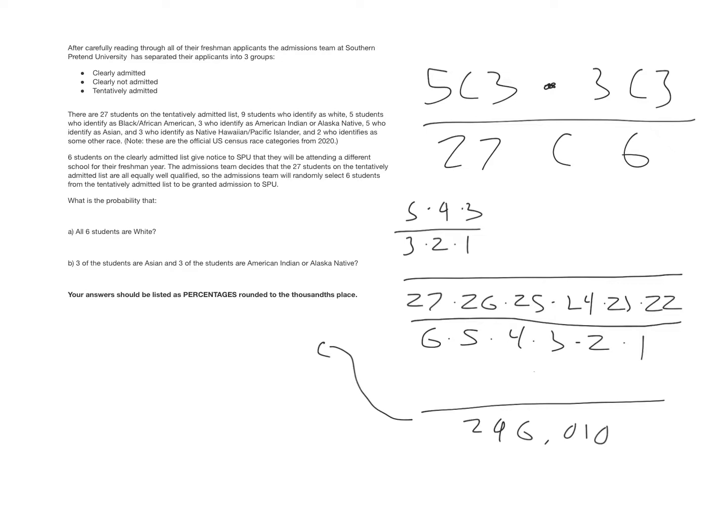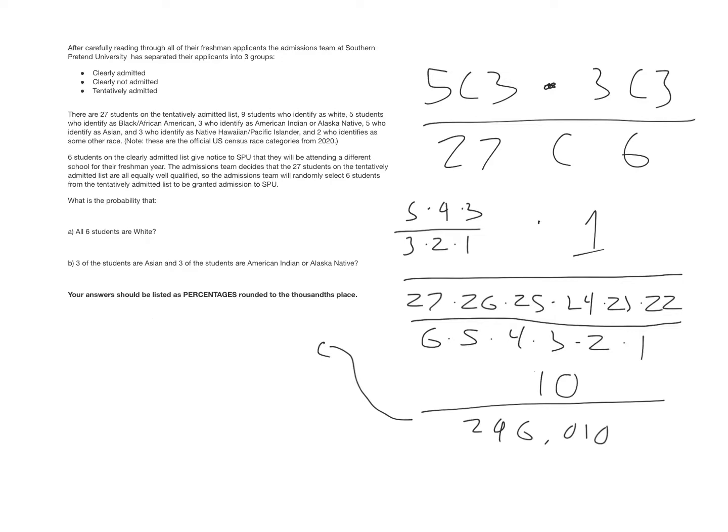And I can do the same thing for the next part, but if I just think through it, there are only 3 students. Out of that group of 3, how many ways can I choose all 3 of them if the order doesn't matter? Well, there's only one way to do it. Just choose all 3 of them. Now, if the order was important, that's different, but here it's not. So it's just 1. And if you simplify the first one, you will get 10.